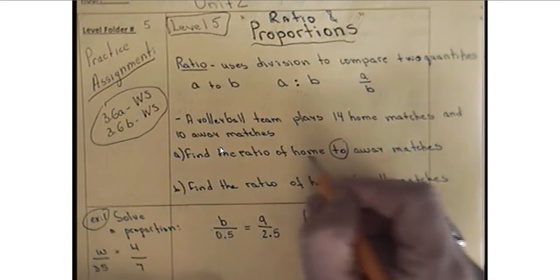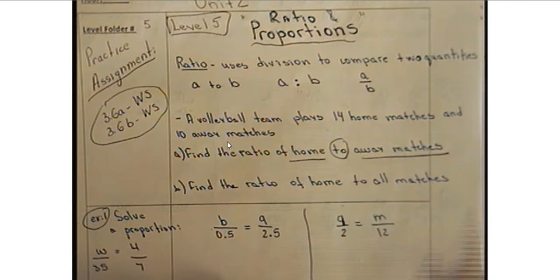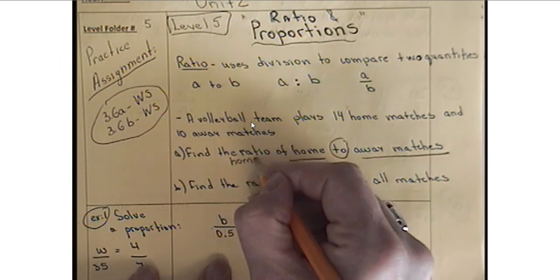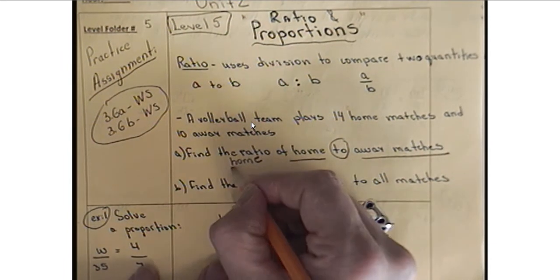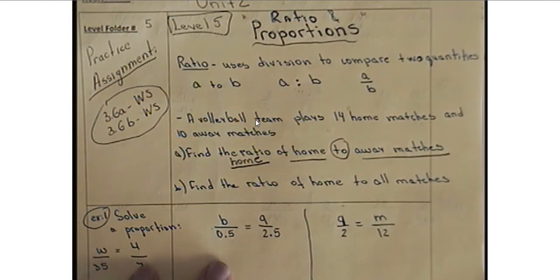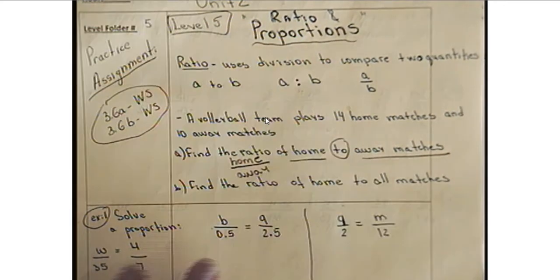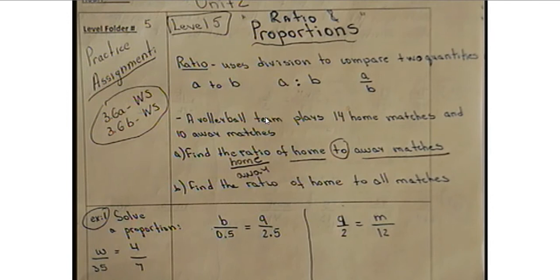We have home to away matches. So if I have to write this ratio, I'm gonna write home, and then you can say it with the fraction line, or the ratio symbol, to away, home to away. And that will be good enough. That's how we write this ratio. We represent it that way.